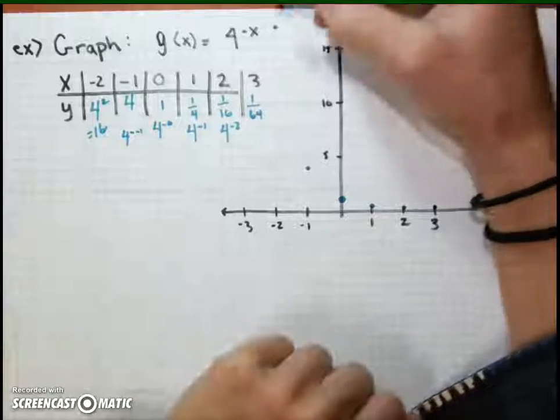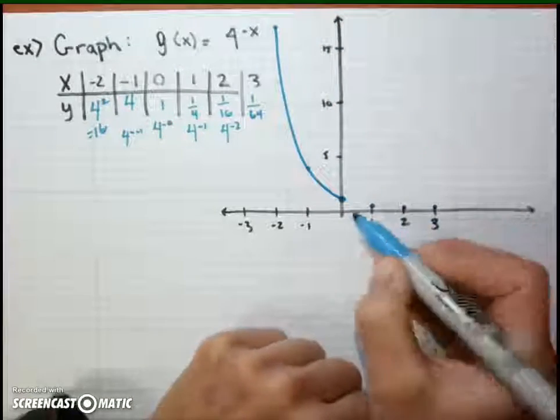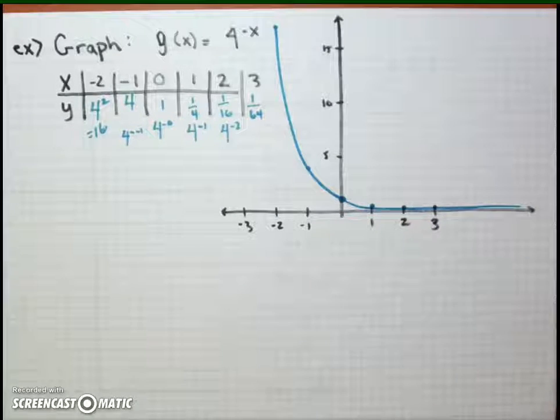And so on. So this function is rapidly decreasing and flattening out towards 0 as the x values get large.